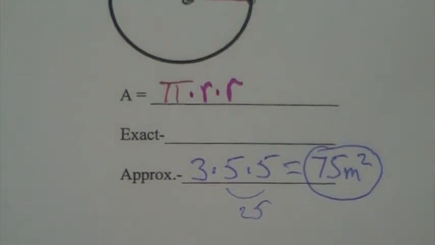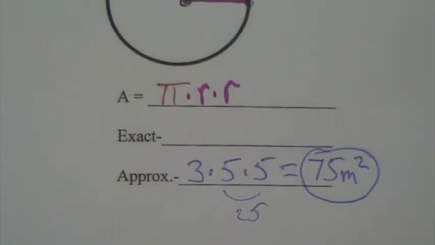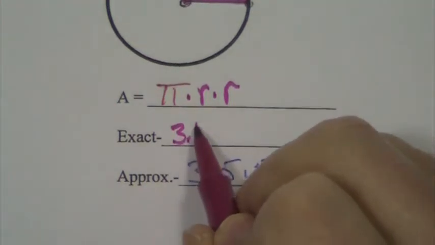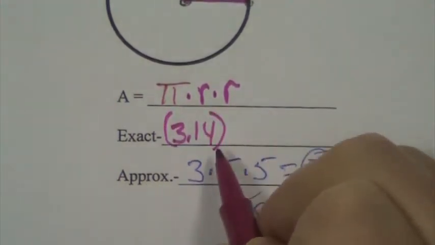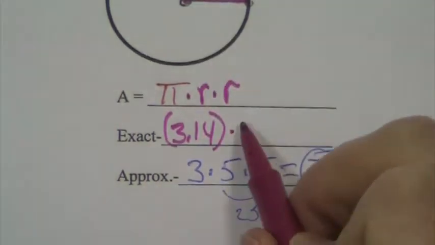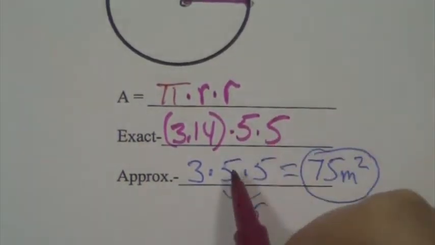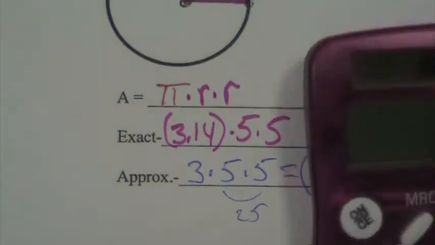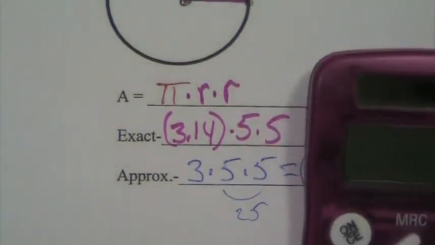Okay, let's see how close my approximation is. Now I'll do that with this one right here for the exact. I'm going to use 3.14 for pi times the radius, which is 5. 5 times 5. You can see it's going to be pretty close. So I'll do that right now.